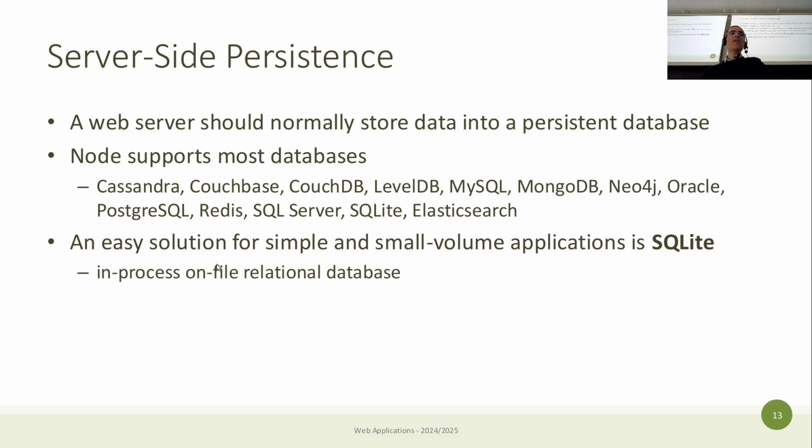Just writing everything into one file, but that's the code of SQLite that will take care of the format of the file. Okay? For us, the important thing is that everything is in a single file, so that when we need to move the database, we just move the file, and that's all. Okay? And it's in process in the sense that it's executed in the same environment as our program.